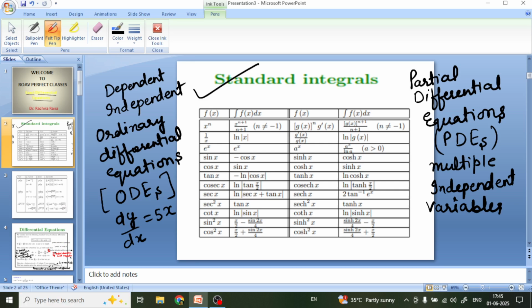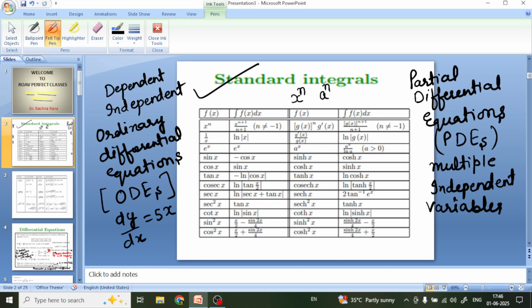First, if you are given x raised to power n, what will be the derivative of this function?